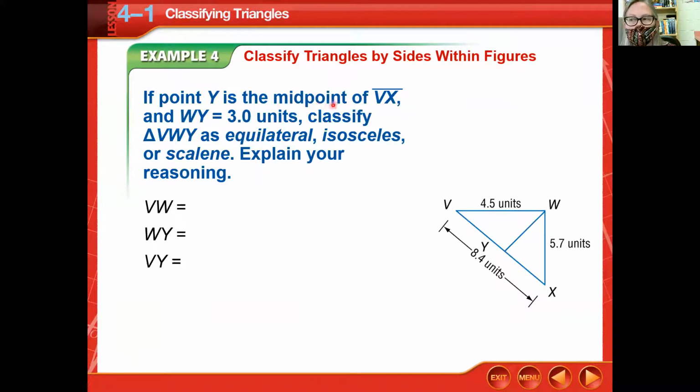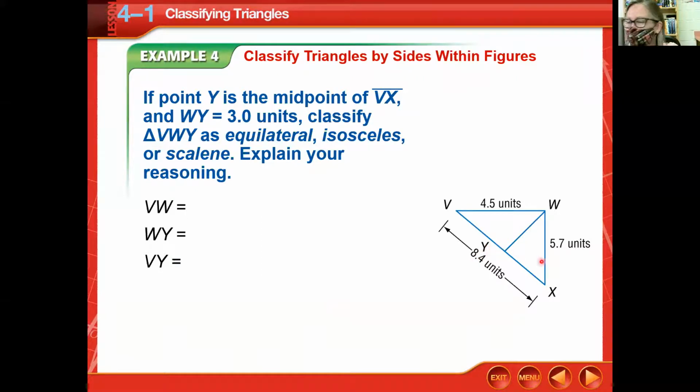A review of the word midpoint. If Y is the midpoint of segment VX, that means Y is right in the middle of segment VX. Here's segment VX. So the length of VY is 4.2, because that's what you get when you take 8.4 divided by 2.